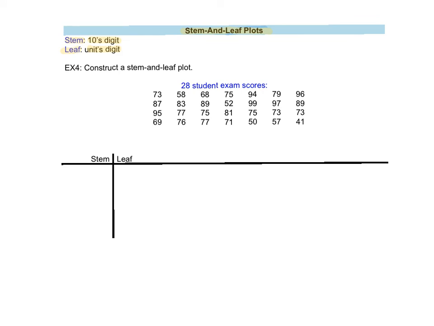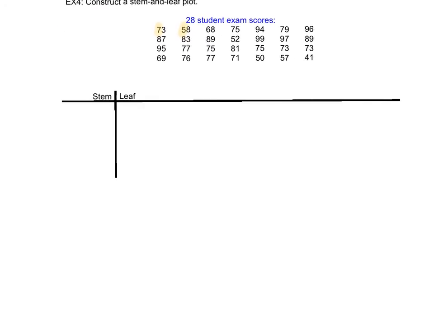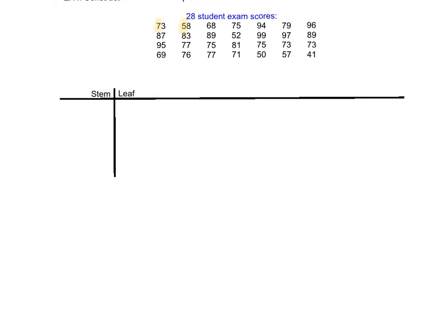And when I talk about the 10 spots, like in 73, that would be the 7. In 58, that would be the 5, and so on. So what I'm going to do is organize the stems from smallest to largest. My lowest score is 41, so I have a stem of 4. And then I have scores in the 50s, 60s, 70s, 80s, and 90s.